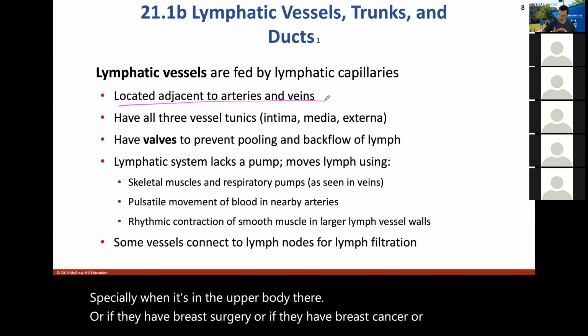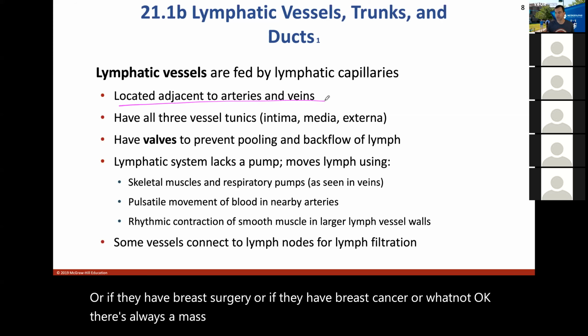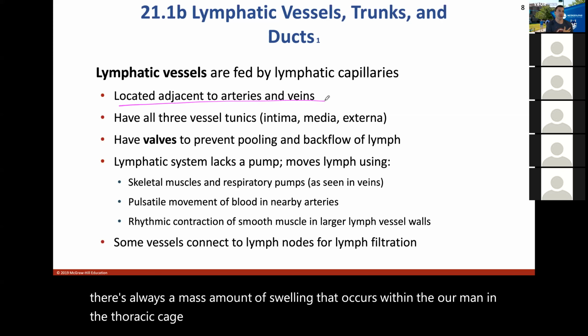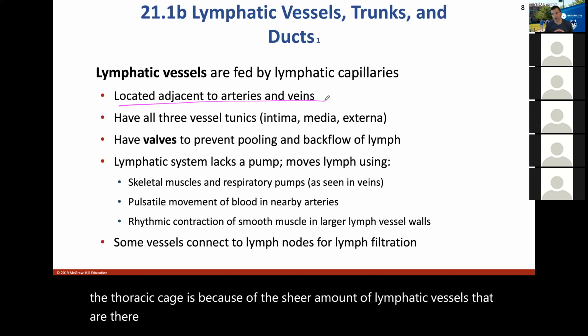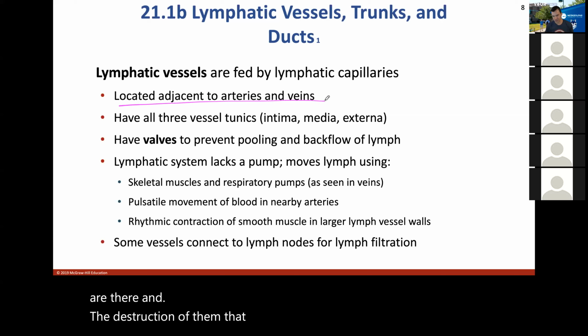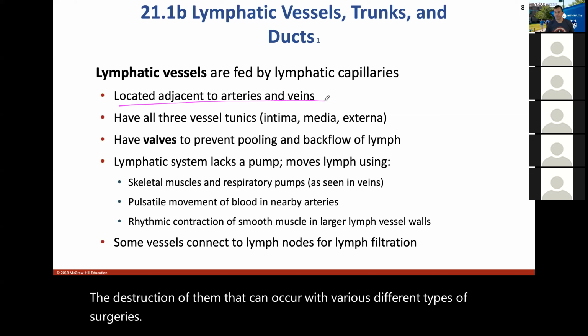Okay. There's always a massive amount of swelling that occurs within the arm and in the thoracic cage just because of the sheer amount of lymphatic vessels that are there and the destruction of them that can occur with various different types of surgeries. That's where you find these things easily destroyed.